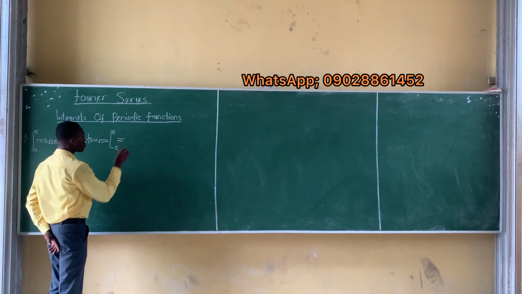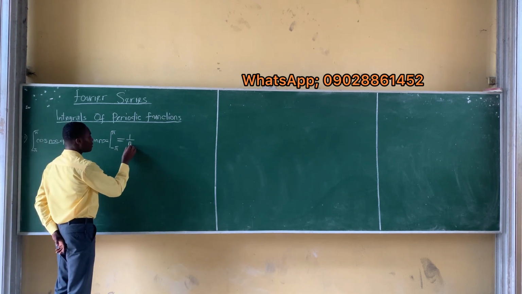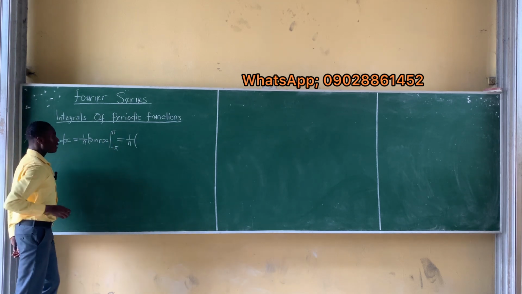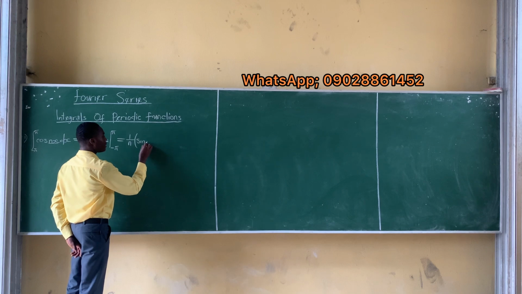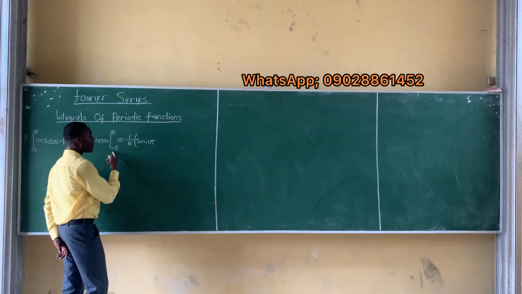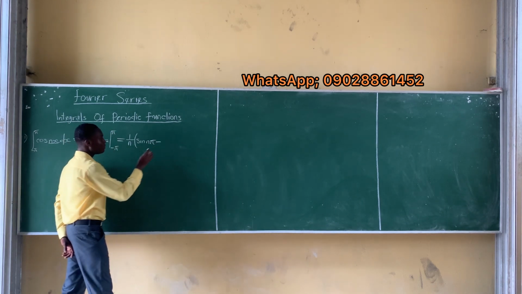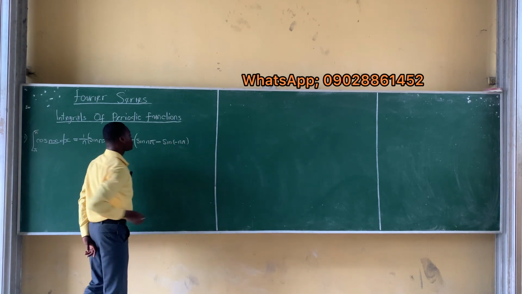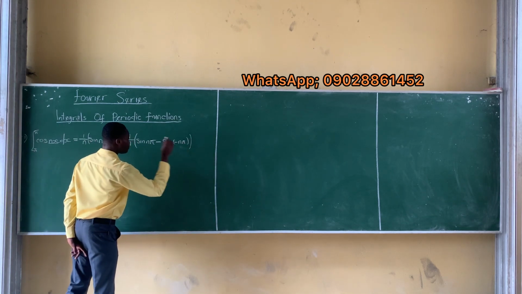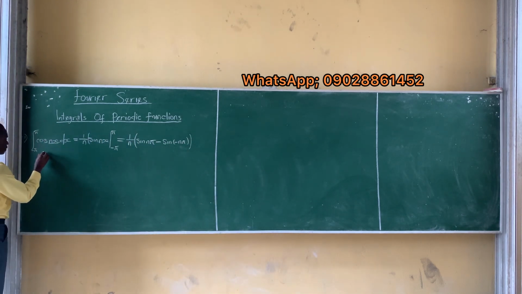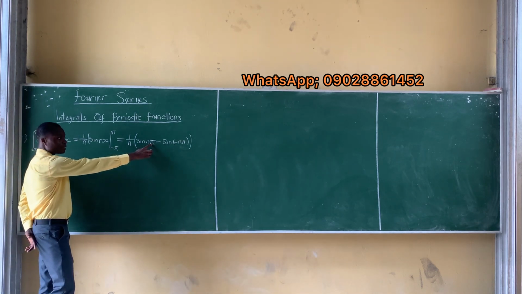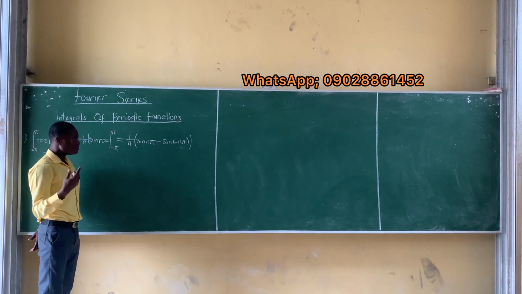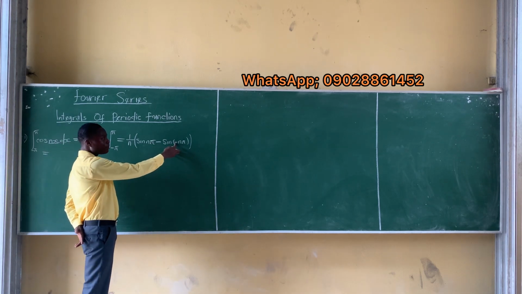So this implies that we are going to have 1 over n into, don't forget to substitute your upper and lower limits. Substituting your upper limit, you have sine n pi, then minus, you substitute your lower limit, sine minus n pi. Sine n pi is sine of multiples of 180, and sine 180 is 0. Also here we have minus n pi.